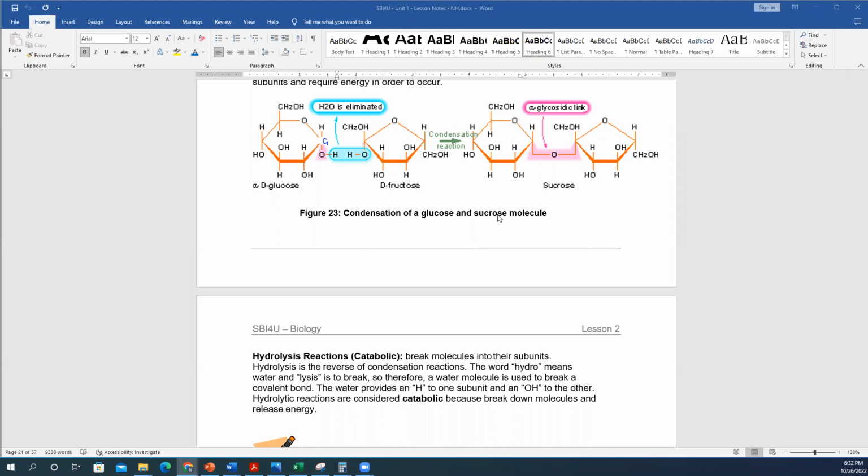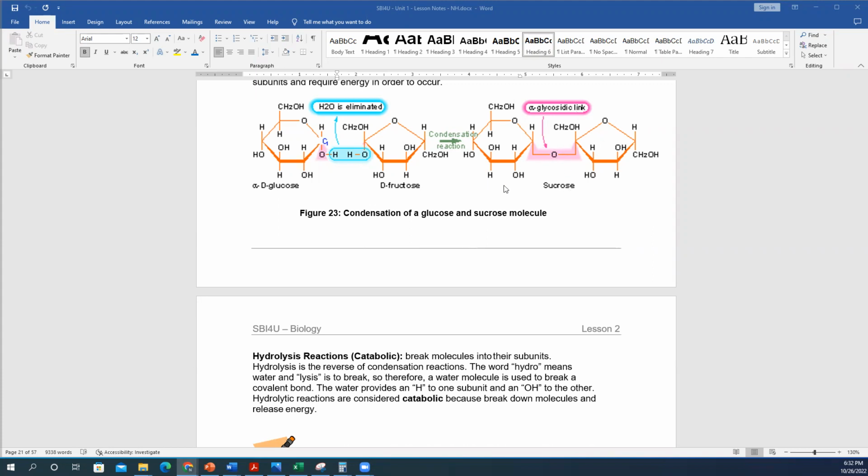If you think about the term hydrolysis, the hydro part refers to water, and lysis means to break. So you're using a molecule of water to break the bond.